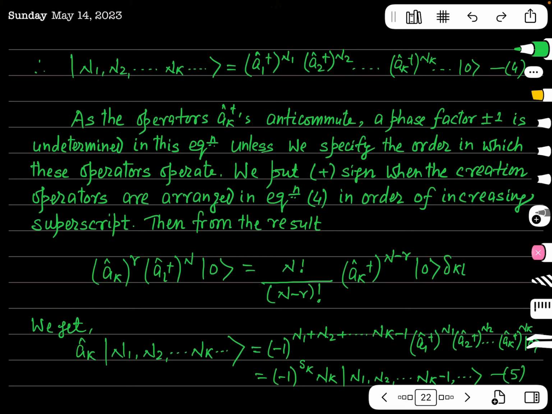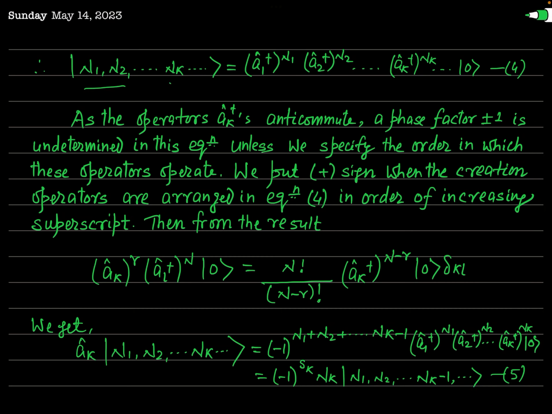I have written it directly here: the state |n_1 n_2 ... n_k> is equal to (a_1 dagger)^n_1 (a_2 dagger)^n_2 ... (a_k dagger)^n_k operated on |0>. You know that |0> actually represents the ground state wave function. Okay, ground state eigenfunction. Okay.